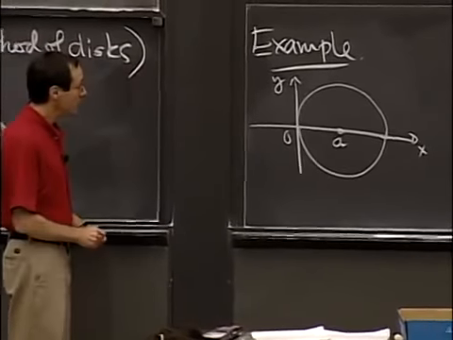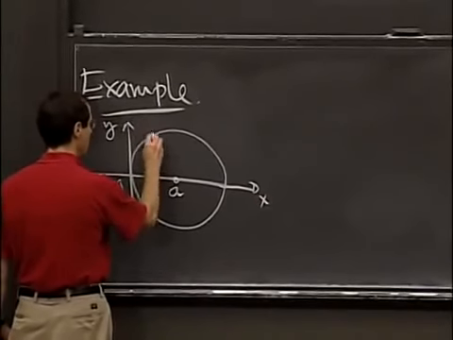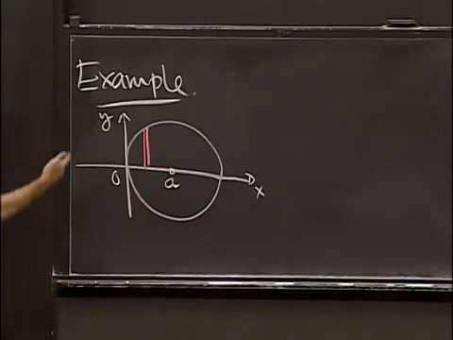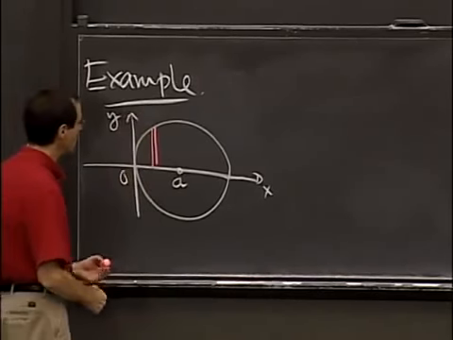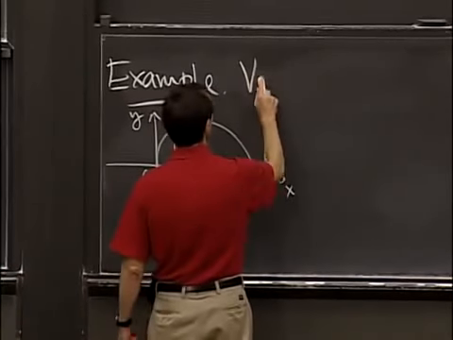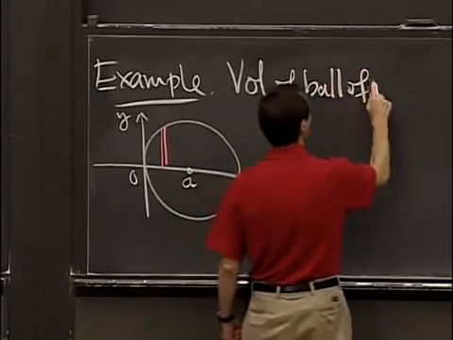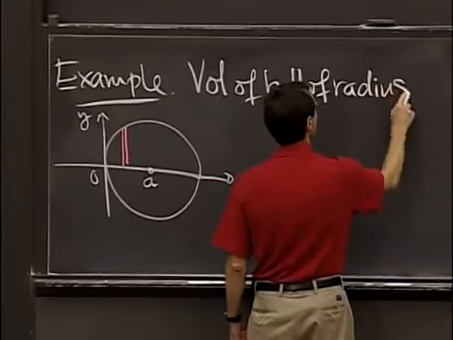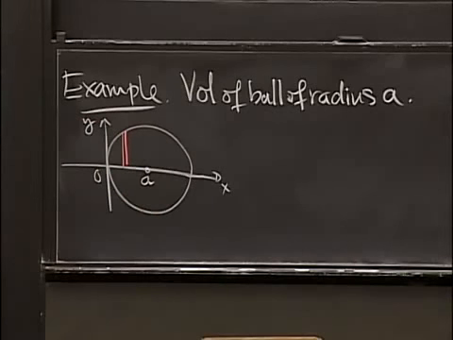So again, the formula has to do with keeping track of these slices here, and we're sweeping things around. So the full region that we're talking about is the volume of the ball of radius a. That's what our goal is, to figure out what the volume of the ball of radius a is.